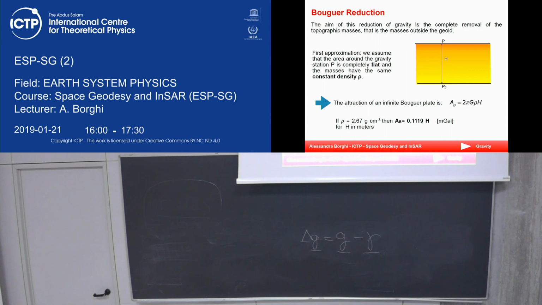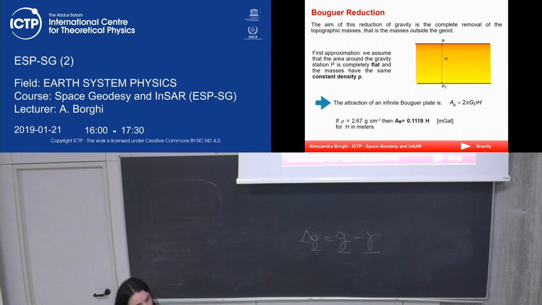But if I remove this part, I have a signal that depends just on what we have beneath our feet, in the crust. So we want to investigate what is under the sea level, under the geoid level. The geoid represents for us h equal to 0. Okay, I remove all the topographic masses.